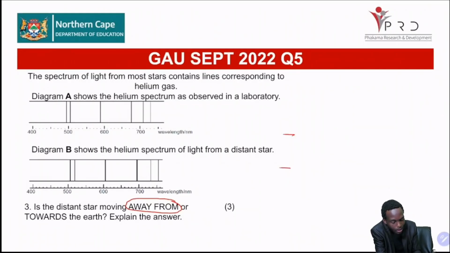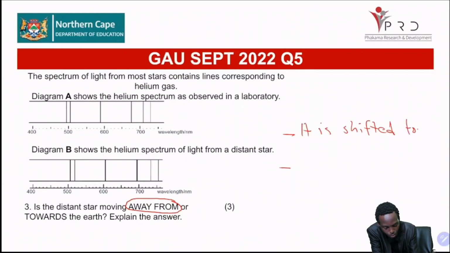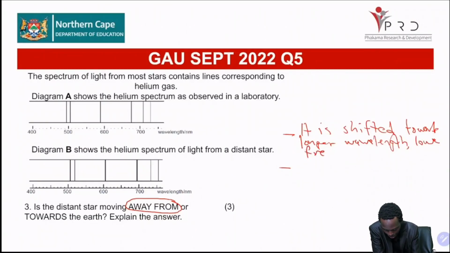Now, why are we saying it's moving away? It is shifted towards longer wavelengths. And we know that when the wavelength is long, it means that the frequencies are what? The frequencies are lower.